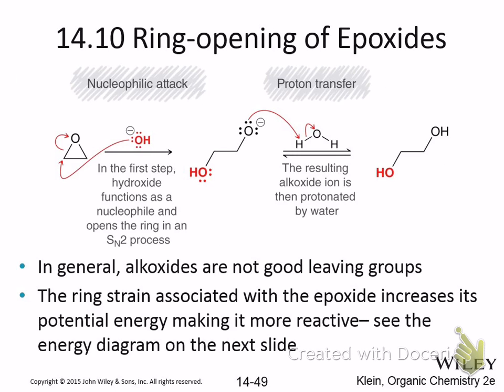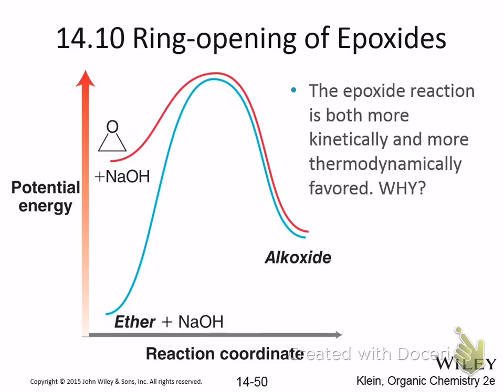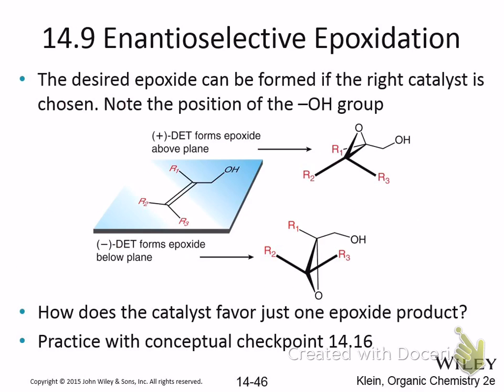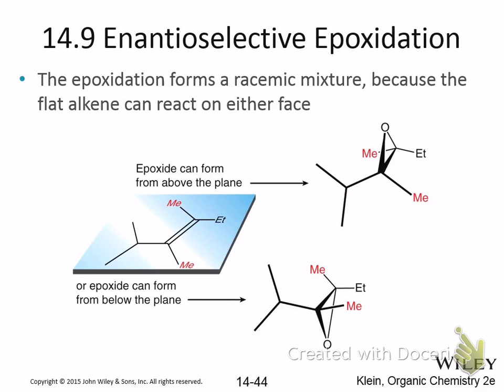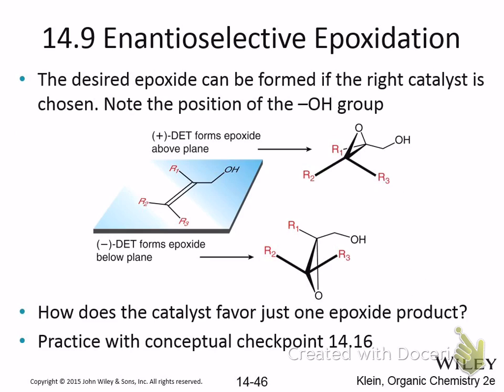How am I going backwards? I thought there was more to that. Oh, sorry. Yeah. It forces the epoxide to be formed either from the top or from the bottom.